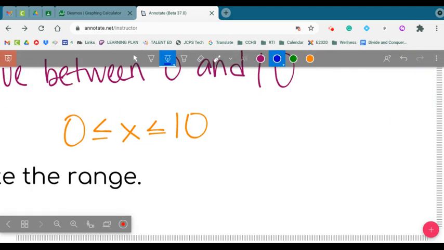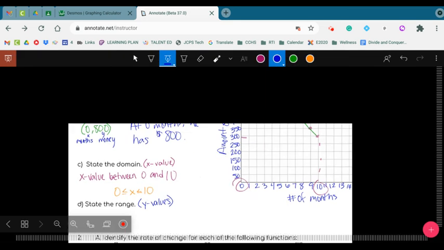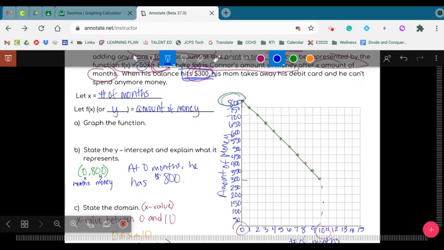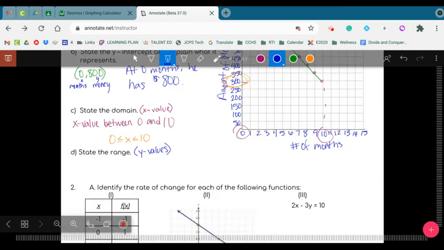And then our range is our y values. So what y values does this graph fall in between? We know it starts at 800 and it ends, it looks like, at 300. So it falls in between 300 and 800.